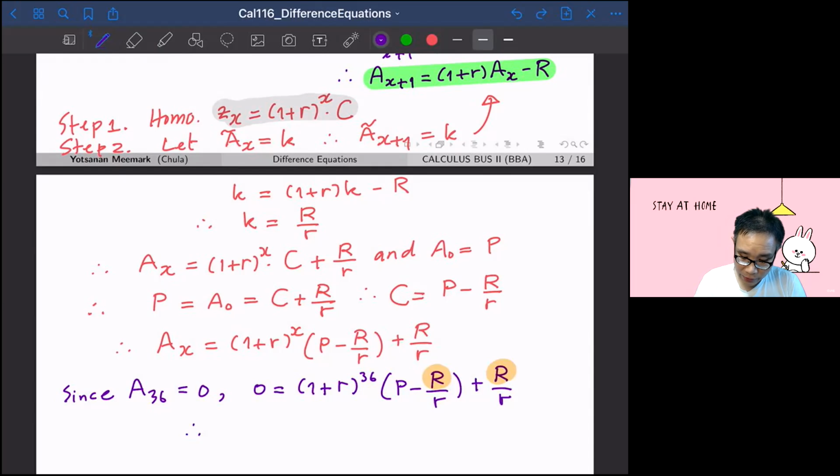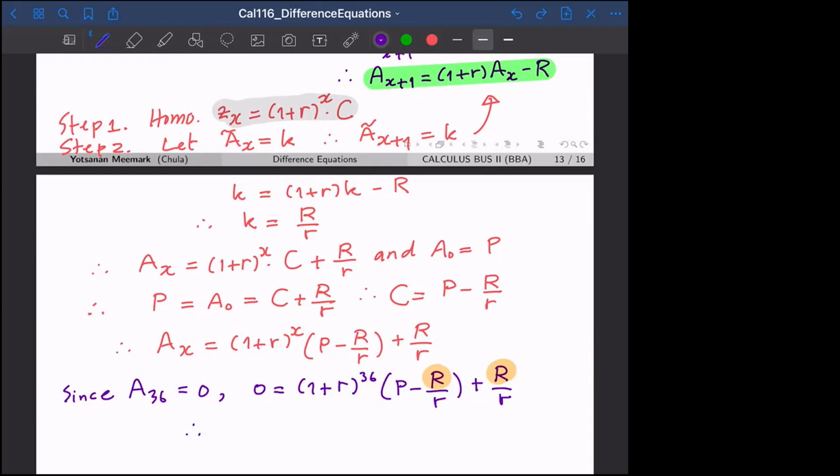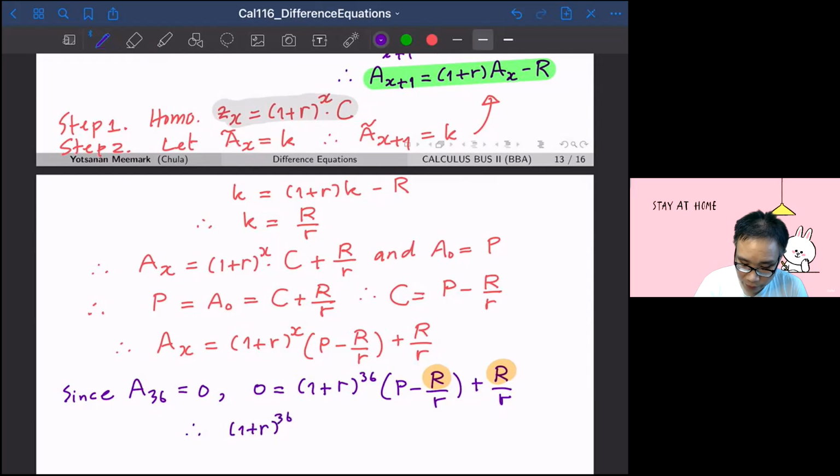Does it matter? No, it doesn't matter. I'm going to move everything to the other side. So it's going to be (1 plus r) to the 36 minus 1, and everything is going to be R over r equal to (1 plus r) to the 36 times P on the other side.